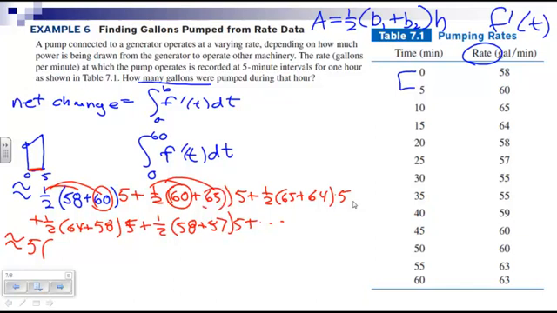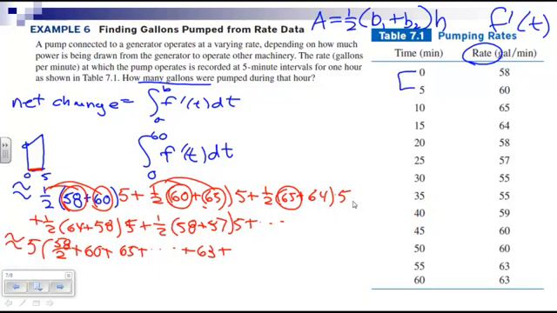We get 1/2 of a 65 and the other 1/2 of a 65. We get a 65 out of that. We end up with 1/2 of the first one plus the sum of all the other ones, 60 plus 65 plus and so on up until the second to last one, 63.